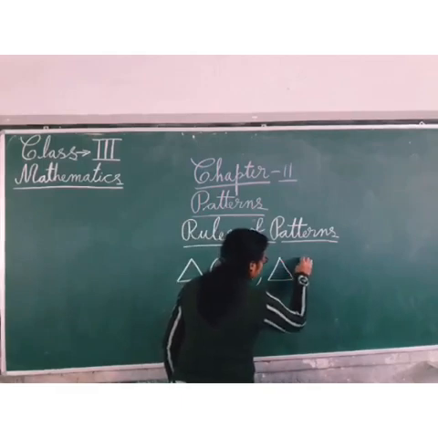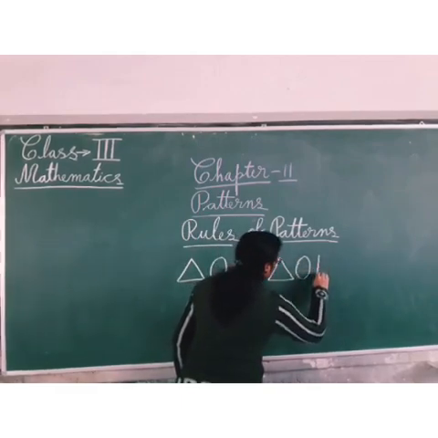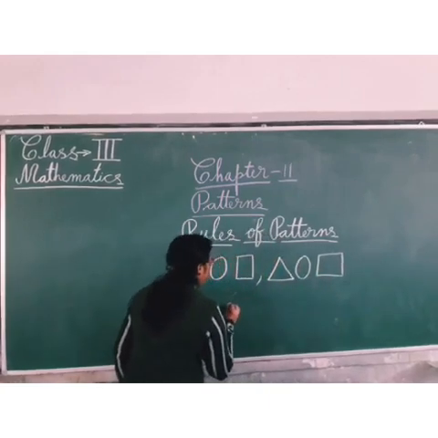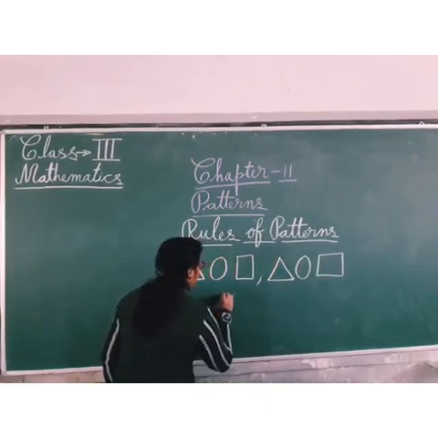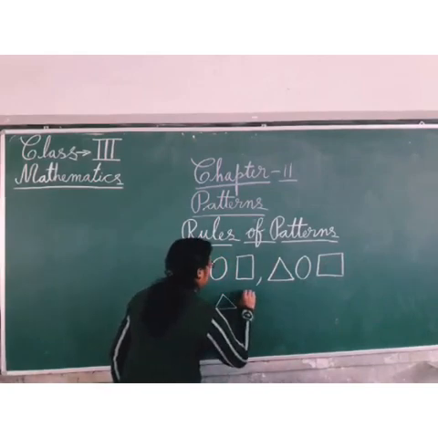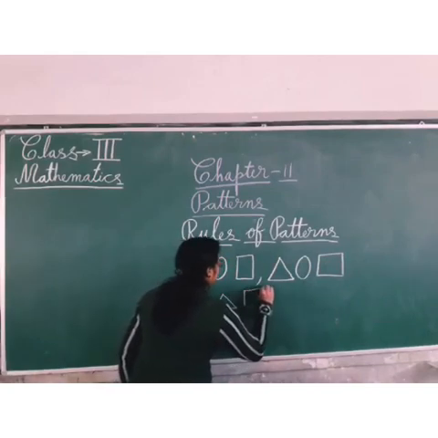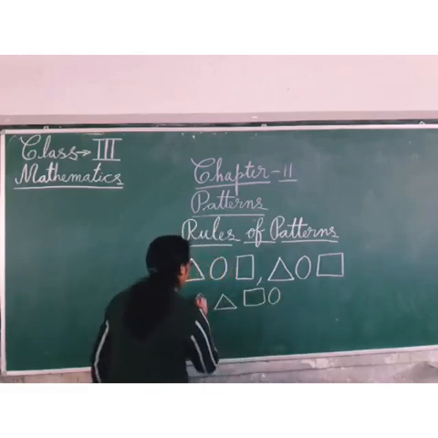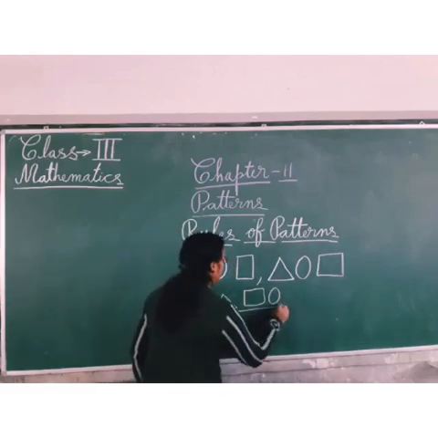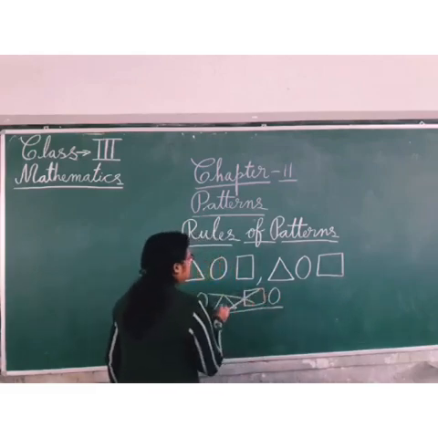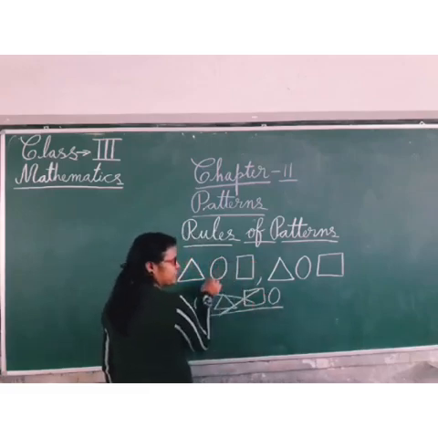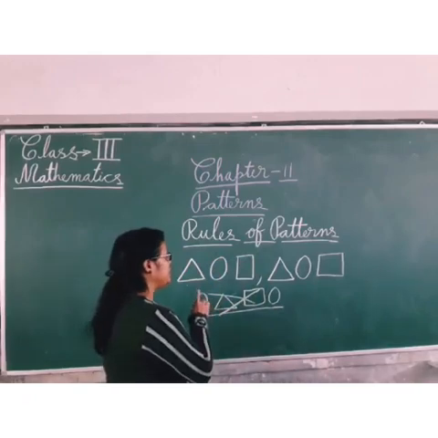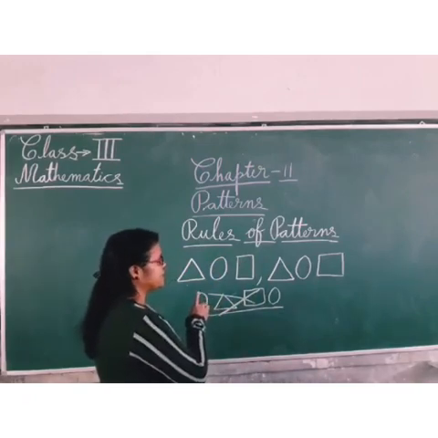The same shapes should be repeated. If we repeat in a different way, like triangle, then square and then circle, or circle in the beginning, it should not be a set of the pattern, it is not matching with this.